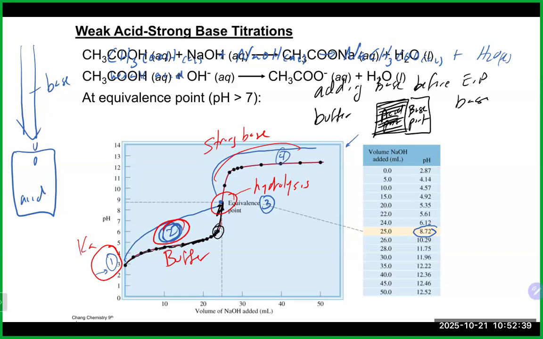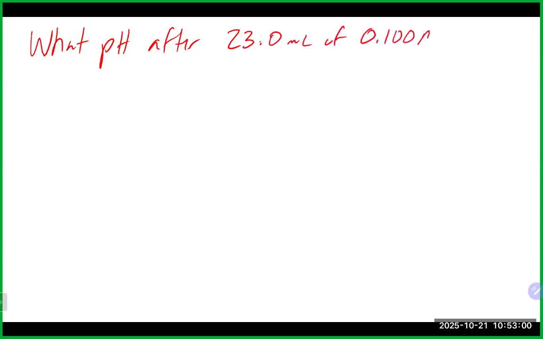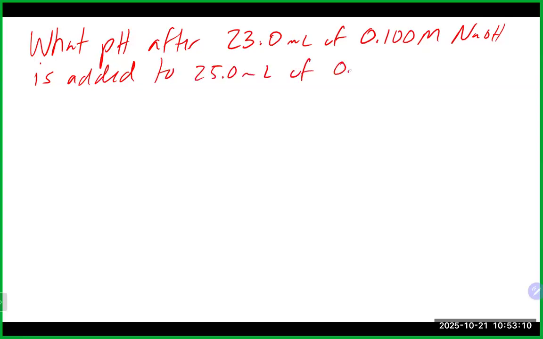Let's do this. What is the pH after 23 milliliters of 0.1 molar sodium hydroxide is added to 25 milliliters of 0.1 molar acetic acid?